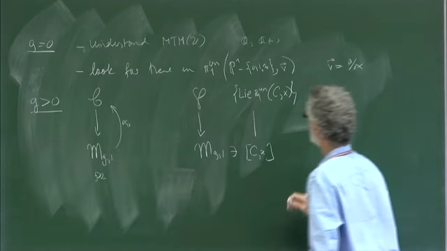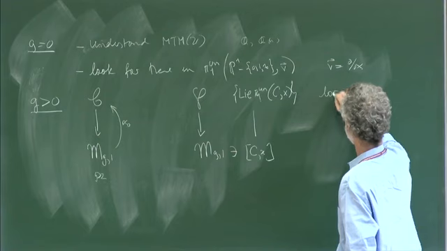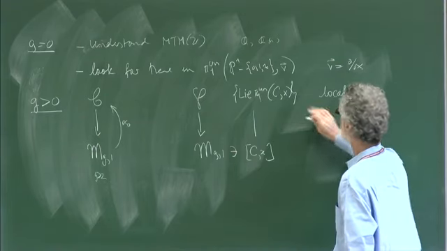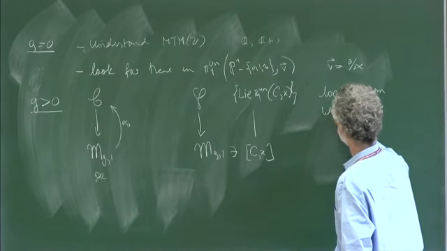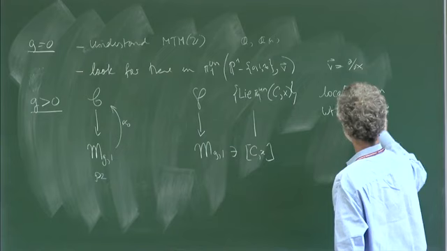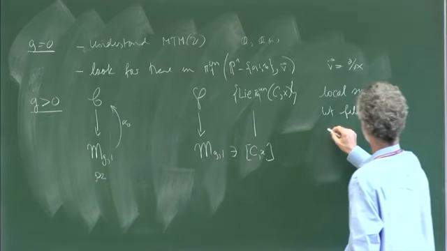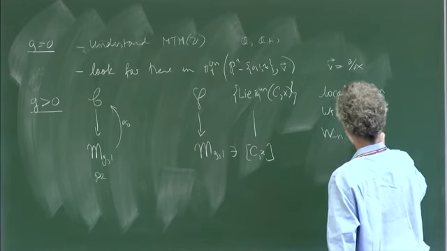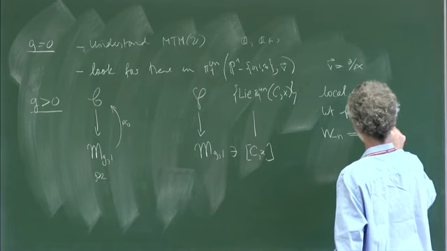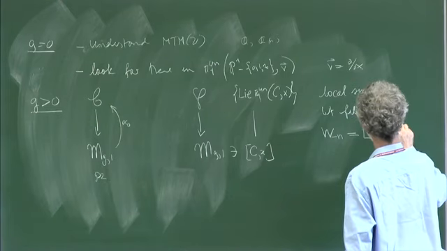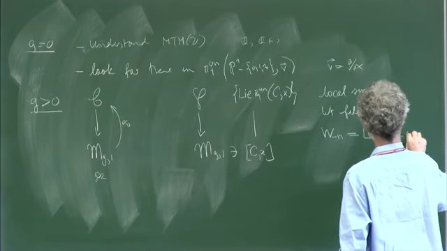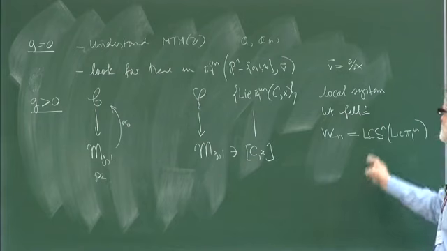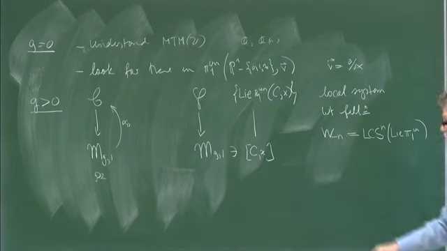So this is a local system, and it has a weight filtration. The weight filtration is nothing other than the lower central series. The weight filtration W_{-n} is just the lower central series.